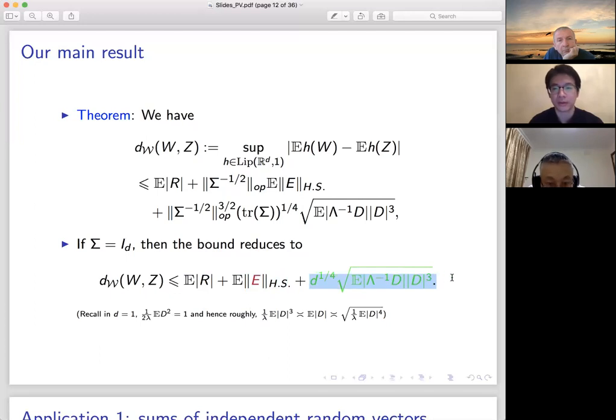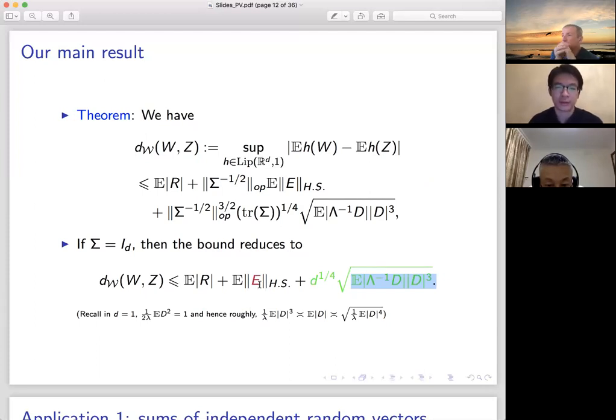For the third term, we had to change the third moment of the Euclidean norm to something like a fourth moment, with a square root out of it. So I have to give some explanation about this different term appearing in our upper bound.